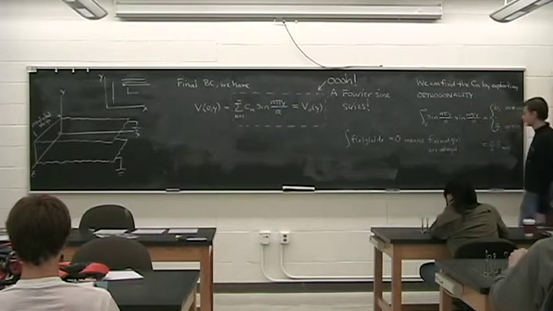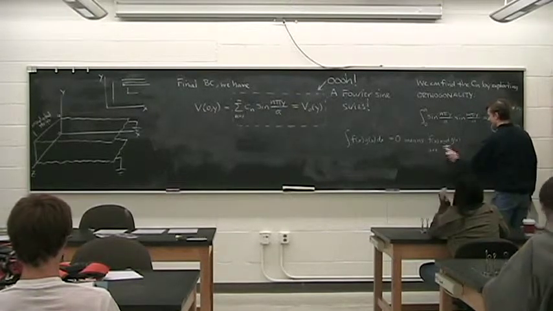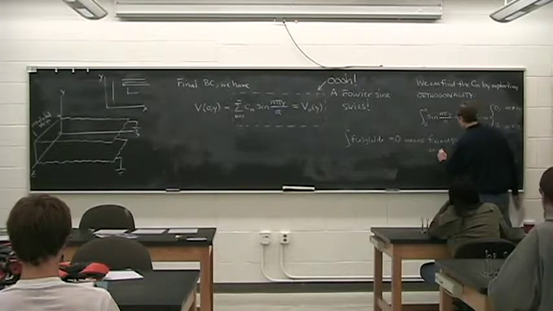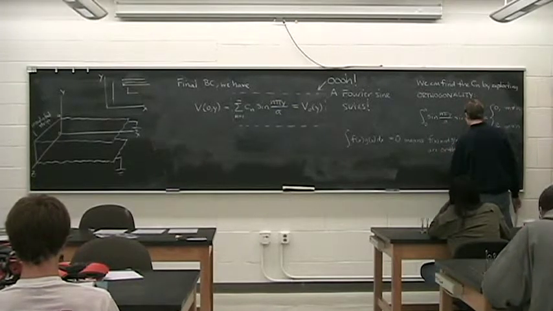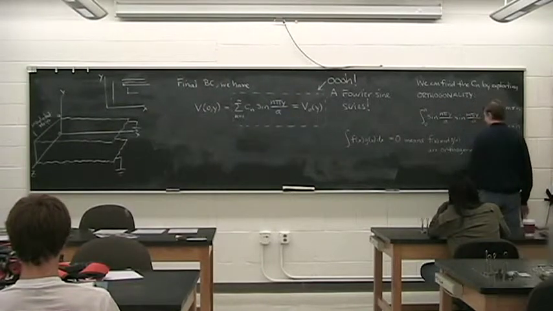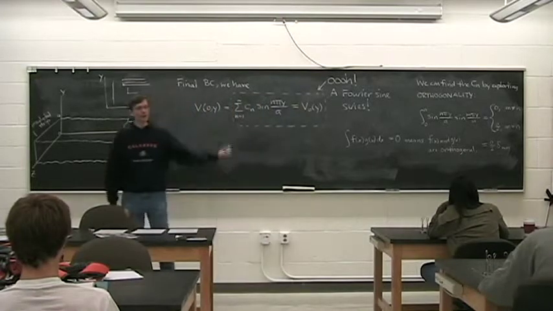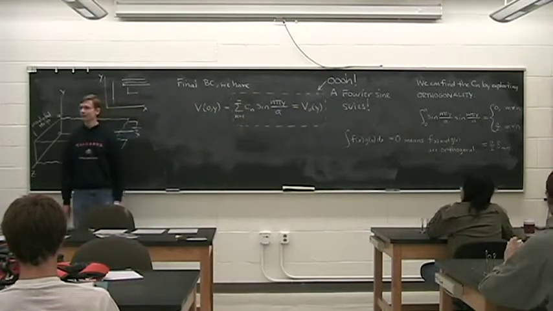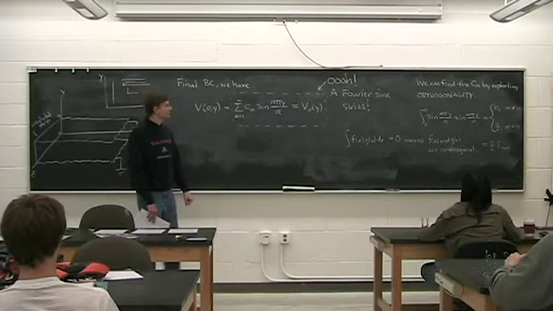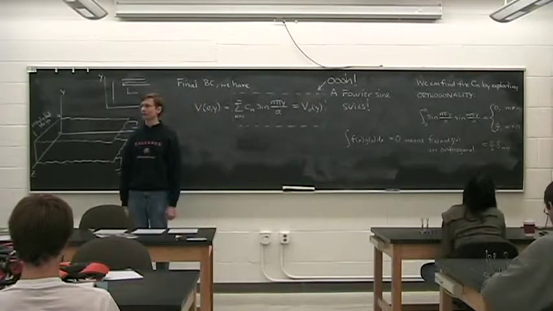So if that integral is 0, then we say orthogonal. Really, I should say orthogonal means that integral is 0. Why do we call that orthogonal? Why do we say the two functions are orthogonal? If f of x times g of x integrates to 0, why do we say they're orthogonal?